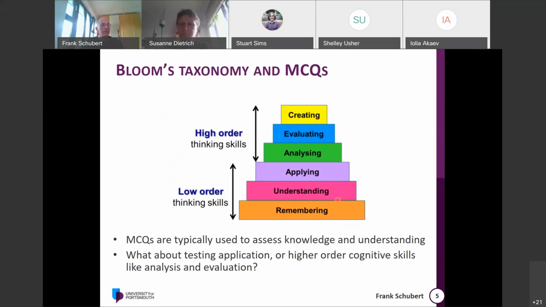Maybe also understanding, but there are doubts in the literature how effectively MCQs can be used to test application, analysis, and evaluation. And this is really what we would like to do in the next minutes, to use the case studies to really look at examples where we believe have quite effectively used MCQs to test these kind of skills.